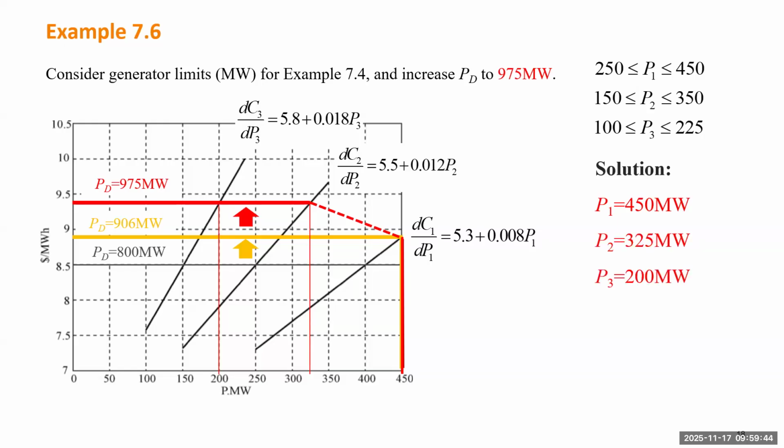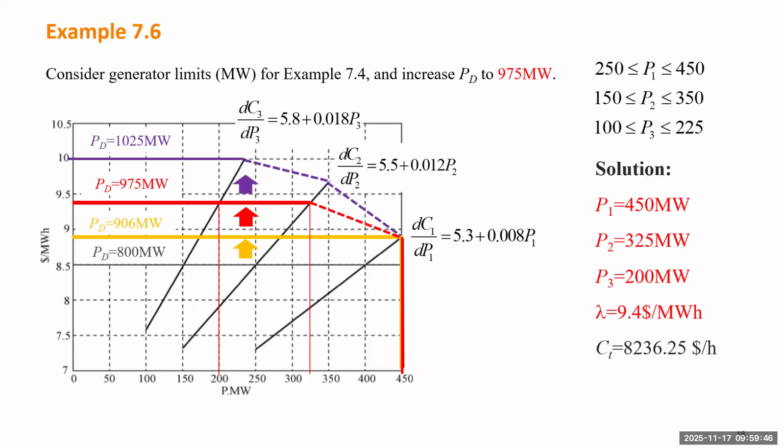Let me just finish this scenario. Let's say my load actually increases even to 1025. You see the second unit reaches a limit, and the third unit reaches a limit. That's the total load I can generate.